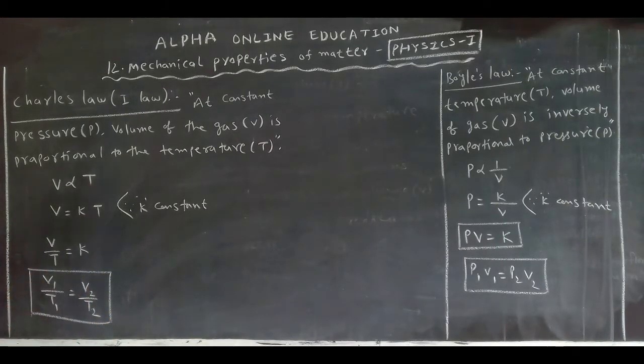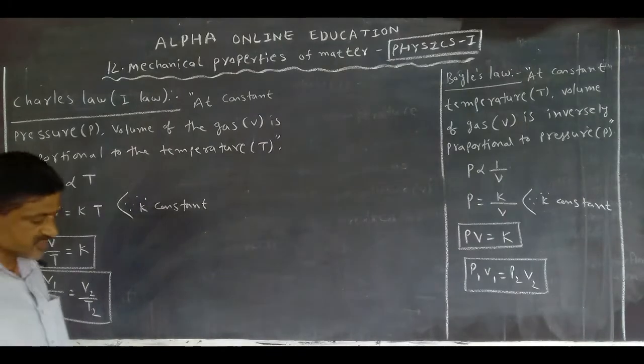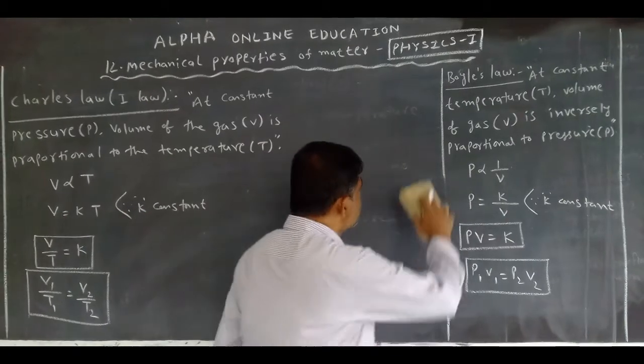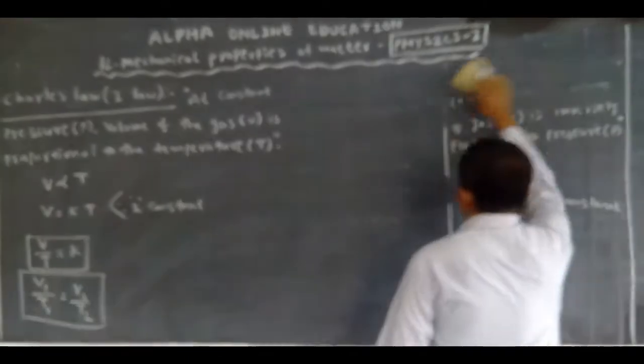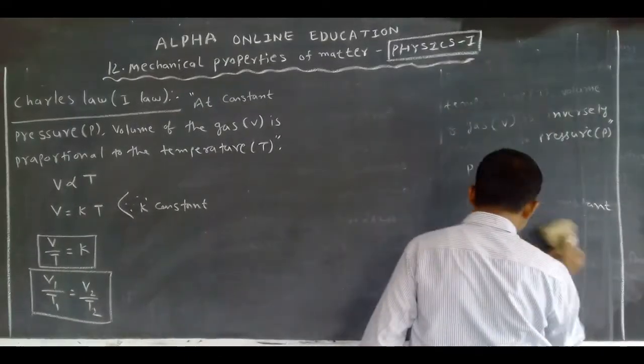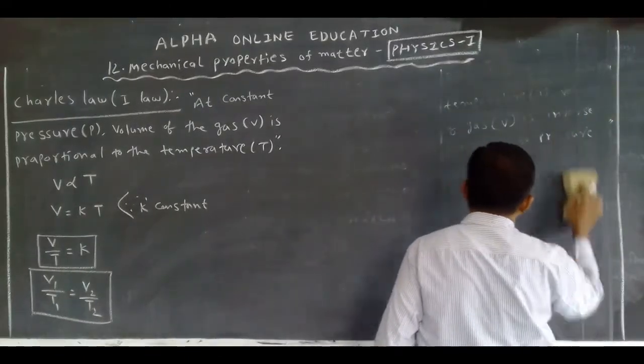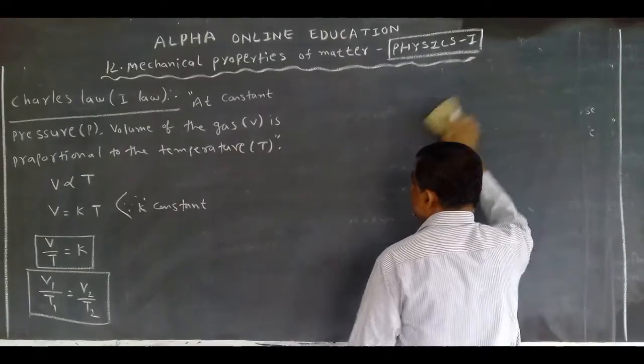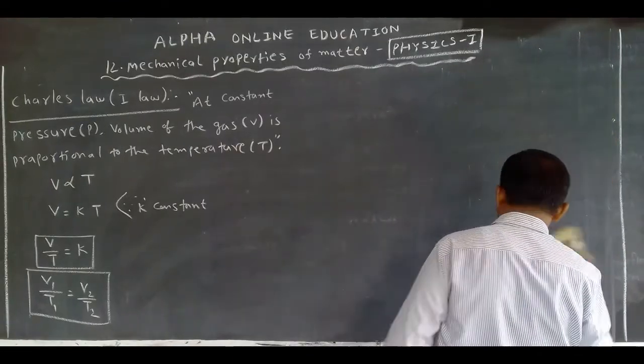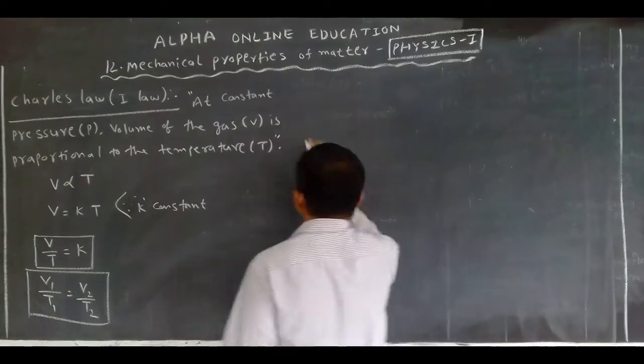This is the Charles law, or called Charles first law. What is the Charles law or Charles first law? At constant pressure, volume of the gas is proportional to the temperature, is called Charles law.